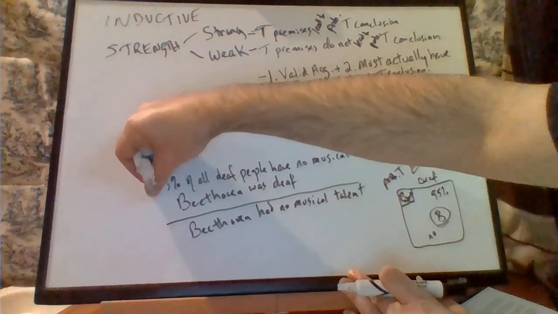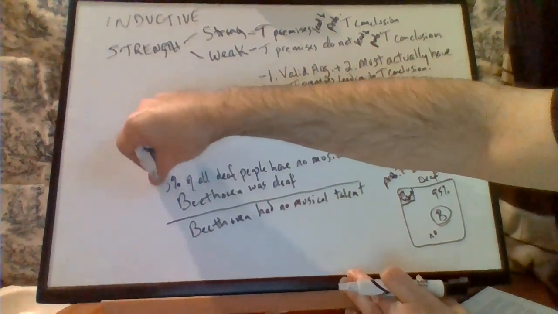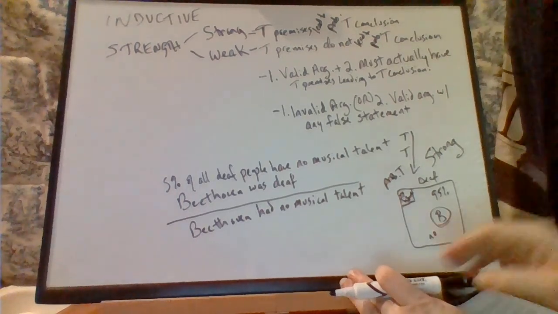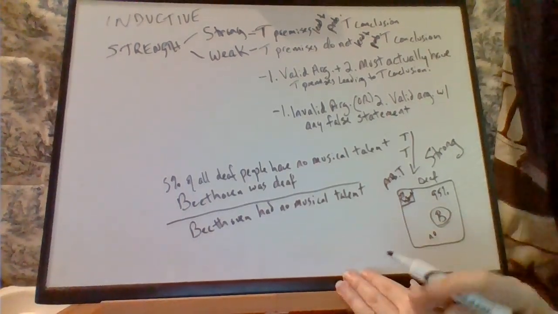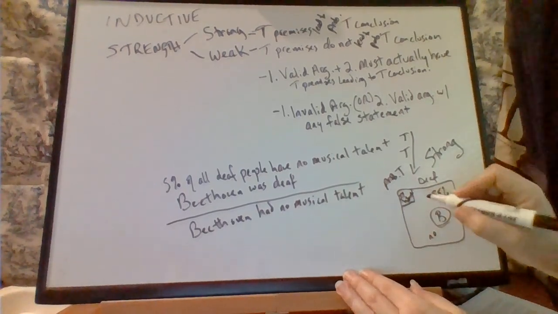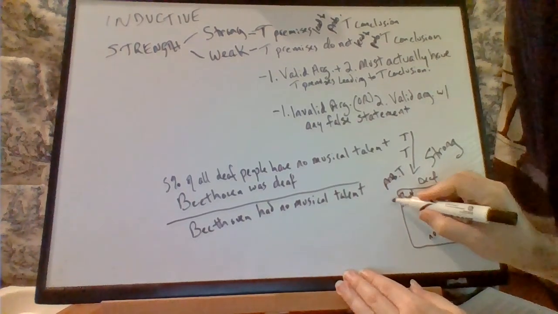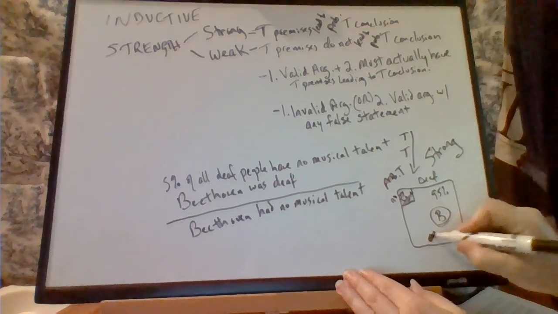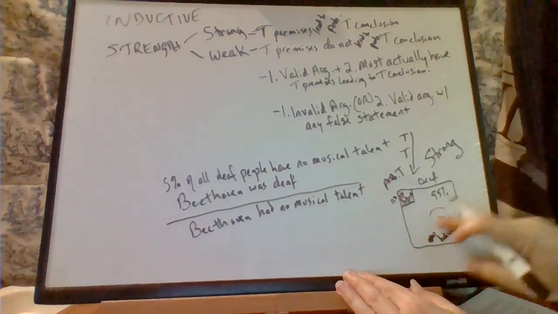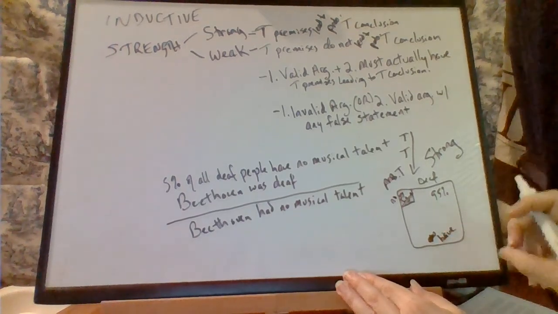If the argument said 5% of all deaf people have no musical talent, Beethoven was deaf, therefore Beethoven had no musical talent, well, at that point the 5% are the ones who don't, the 95% are the ones who have. Therefore, where is it more likely that Beethoven's going to be?